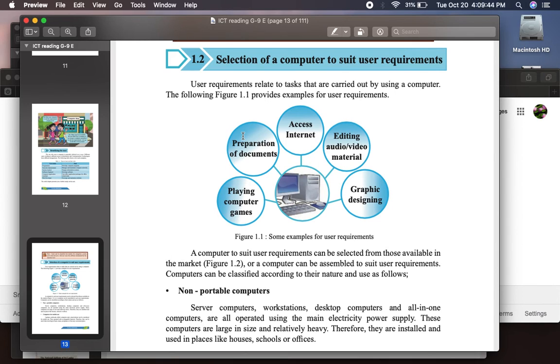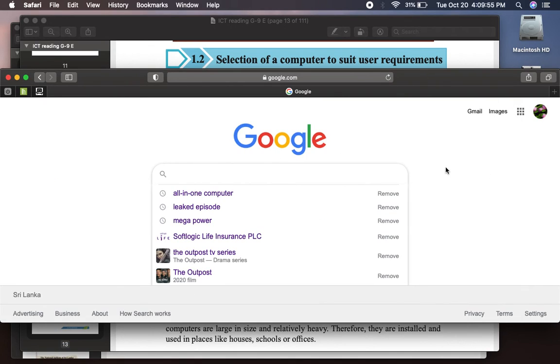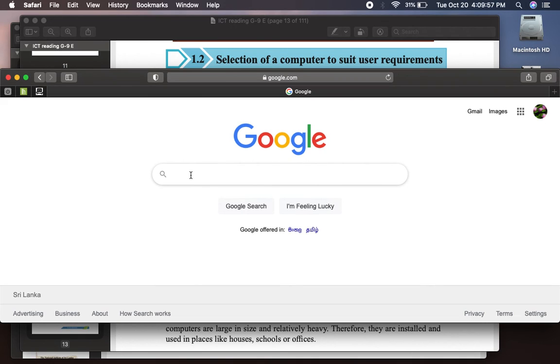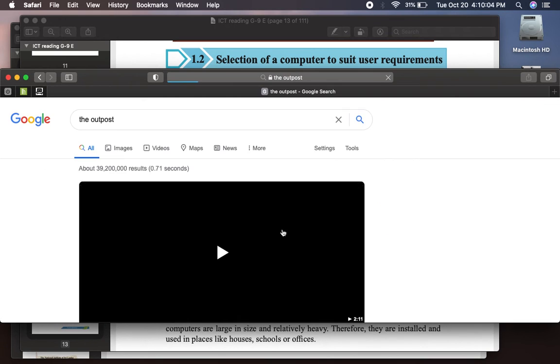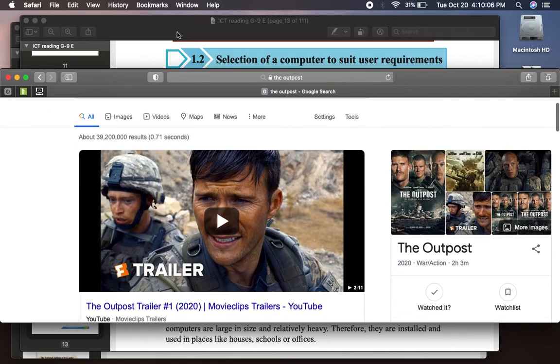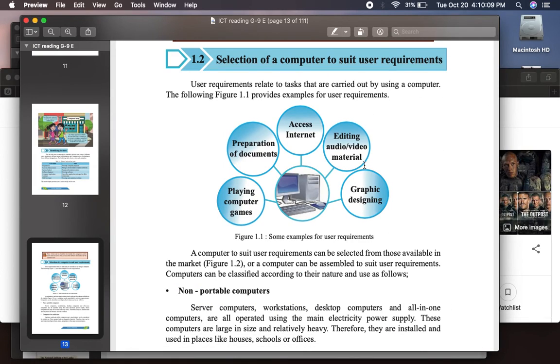Preparation of documents, that's another user requirement. Accessing the internet, you may at different times of the day want to use a computer to access the internet. So editing audio video material, that's another user requirement. And graphic design, that's another user requirement.